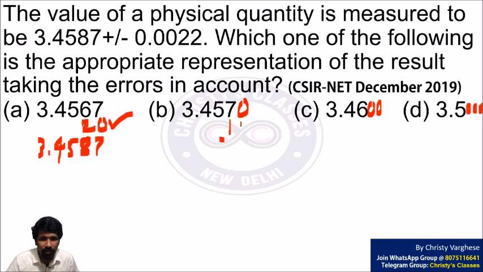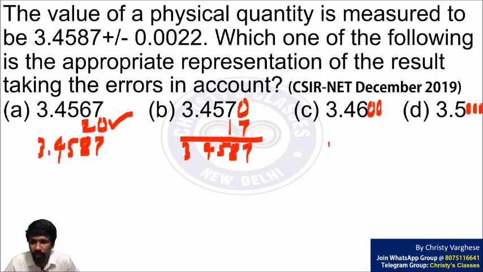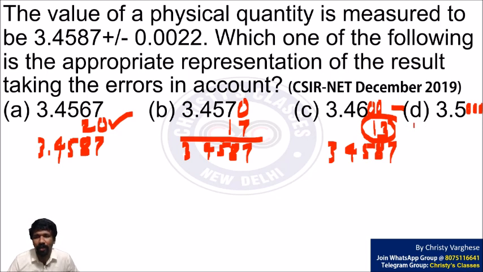Here the error is 17, because if you add 17 you will get 34587. And how far is 34587 from 3.4600? Only 13 away. Whether it is plus or minus does not matter. Only how much it is away from the real answer matters. So this is just 13 away.